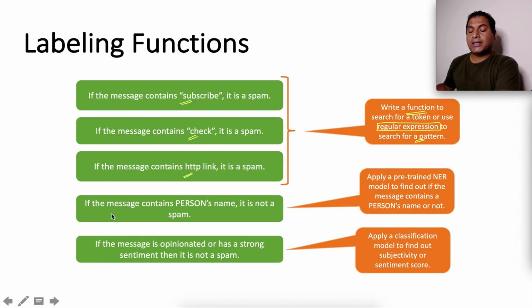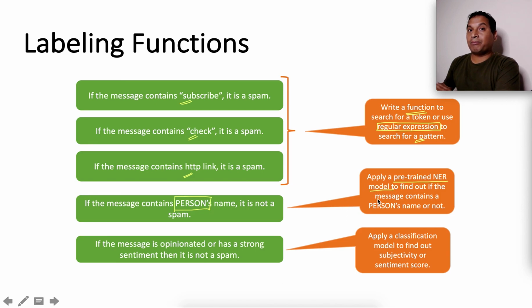There can also be another heuristic which says if the message contains a person's name, then probably it is not spam. But how do I find if the message contains a person's name or not? In this case, you can apply a pre-trained model, like a pre-trained NER model.